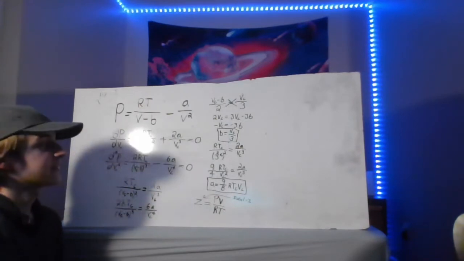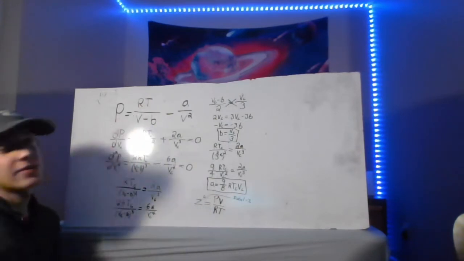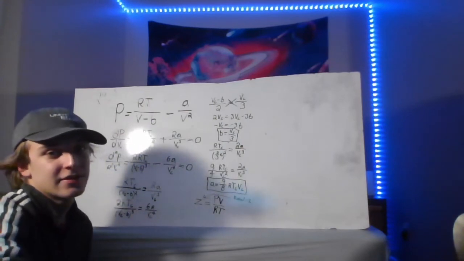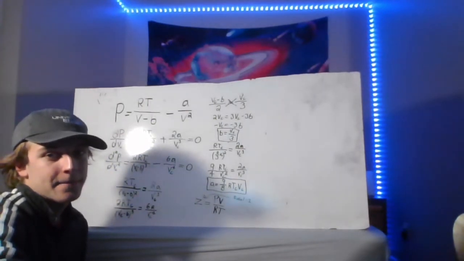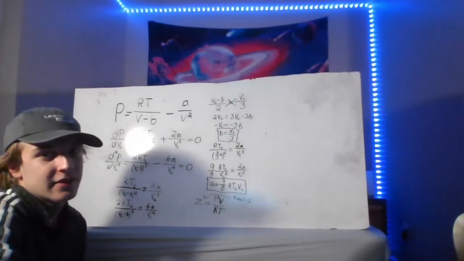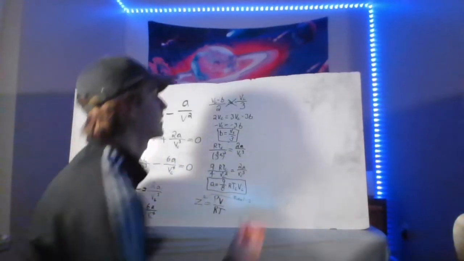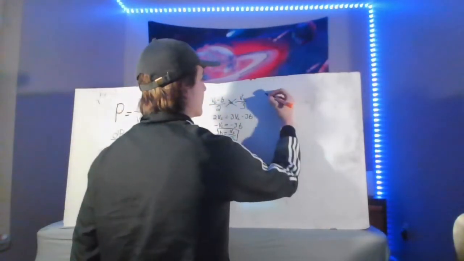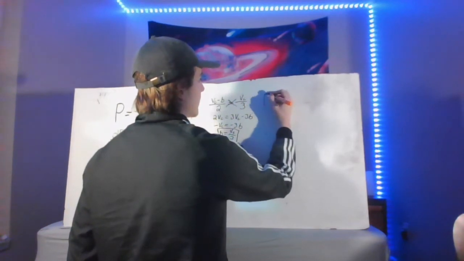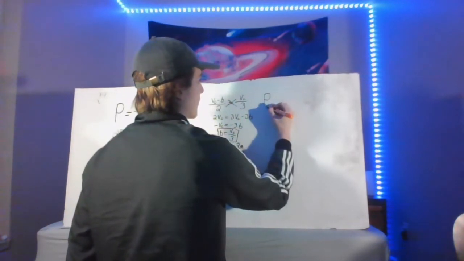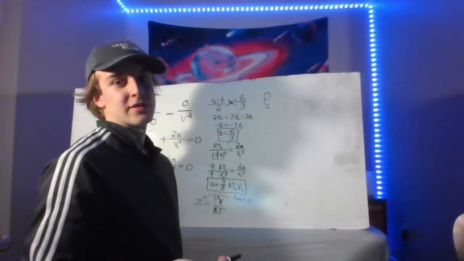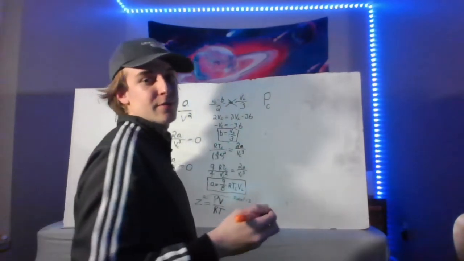But to find this for our van der Waals equation, we are going to have to plug in our a and b to the van der Waals equation at the critical pressure, temperature, and volume.